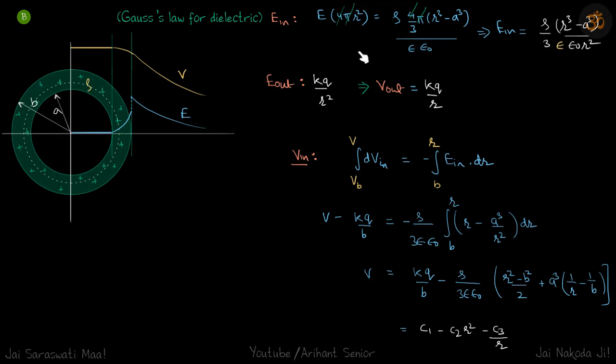So the important thing to note in this question is that as the point moves out of the dielectric, there is a jump in electric field. So whenever we take a point just outside the dielectric, the field is always more than just inside the dielectric.